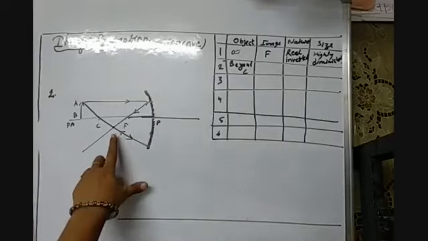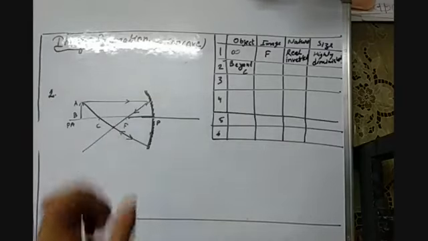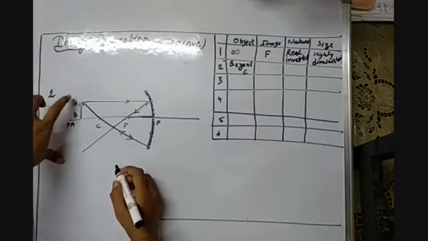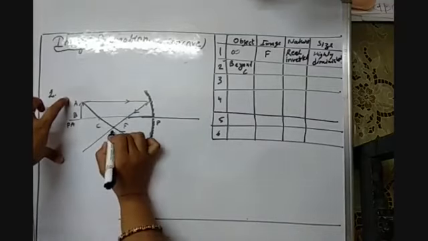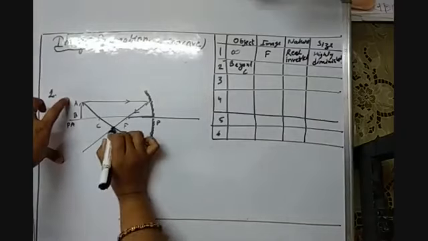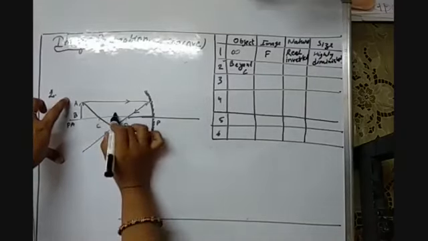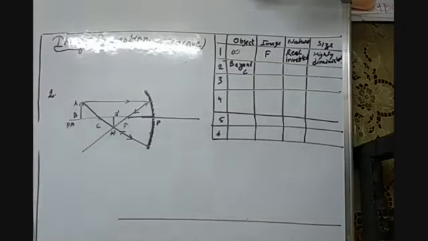So here the image formation will be there, and what point will be formed here? As it was point A of the object, it will be A dash. We have to make a perpendicular on the principal axis, and that will be our B dash.